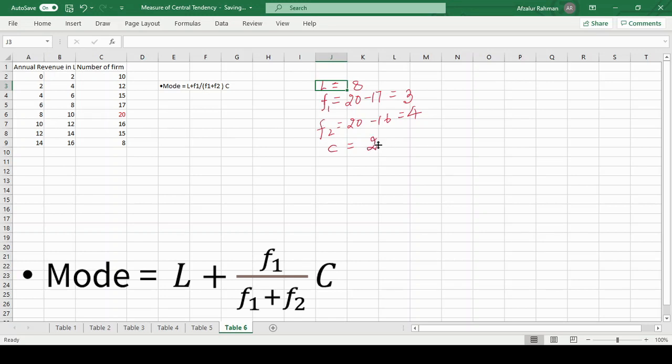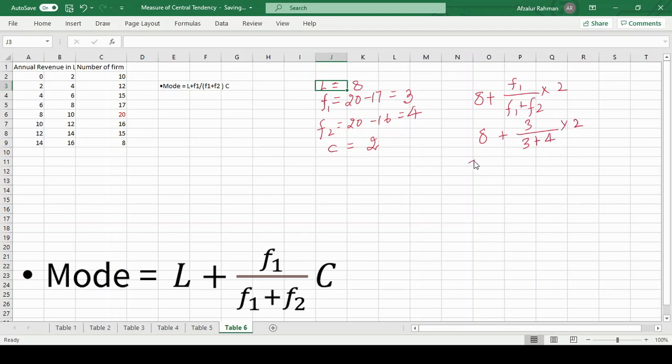Now we have to use this formula: 8 plus F1 divided by F1 plus F2, multiplied by 2.